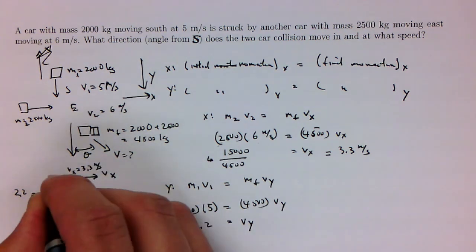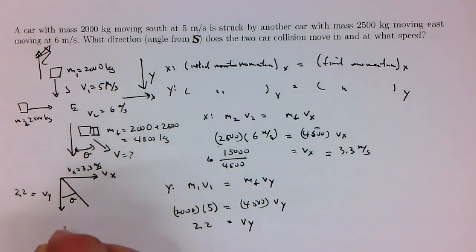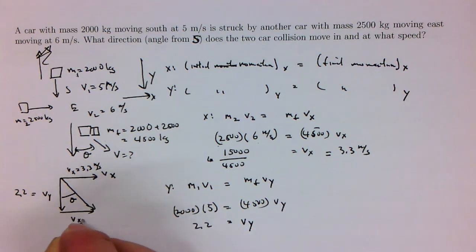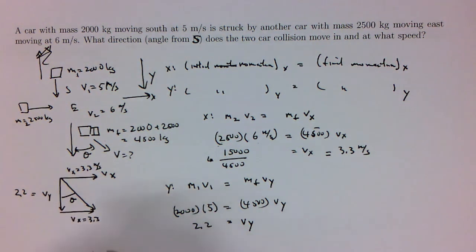And we're interested in this angle, the angle from south. So this angle here. So let's draw out this thing. This is actually Vx again, which is 3.3. And we want to figure out the angle theta here, which requires arctan.